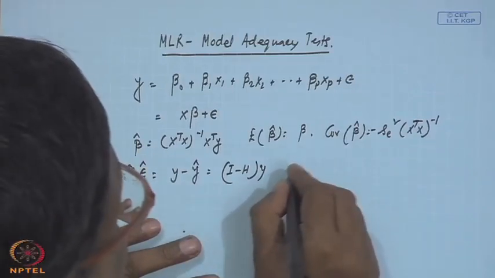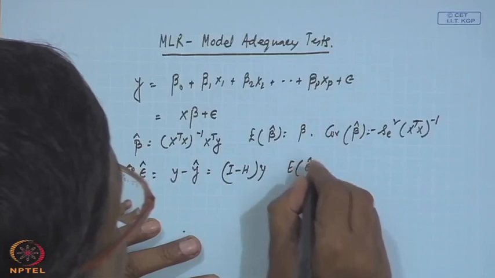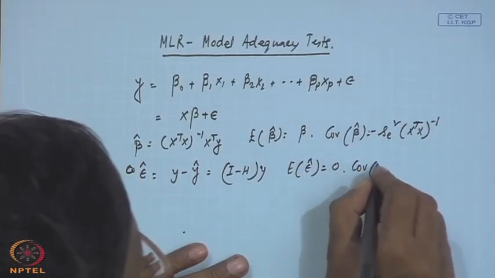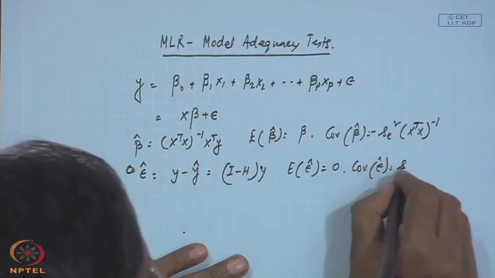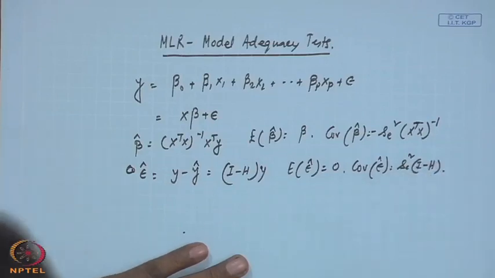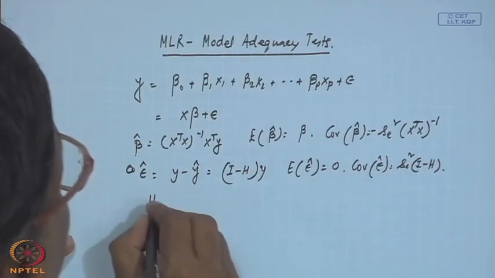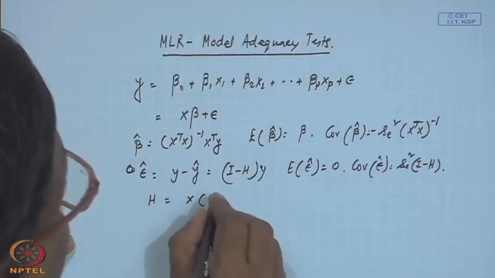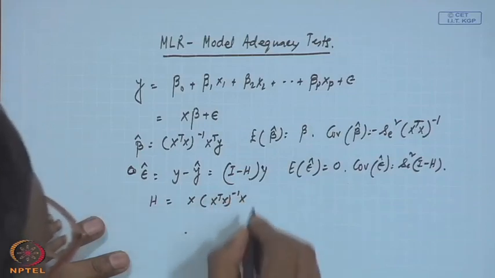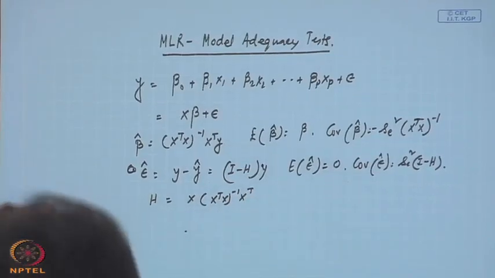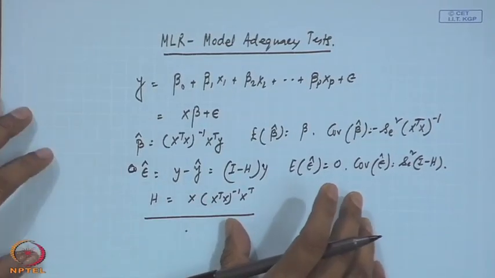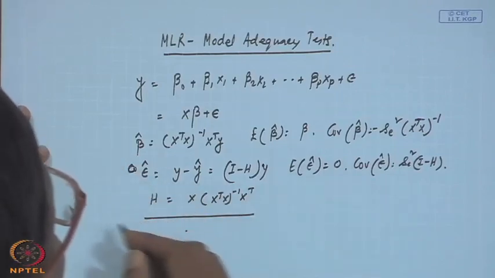We also have seen the expected value of epsilon cap is 0 and the covariance of epsilon cap is s square into (I minus H), where H is the hat matrix, which is X (X transpose X) inverse X transpose. Up to this much we have covered.